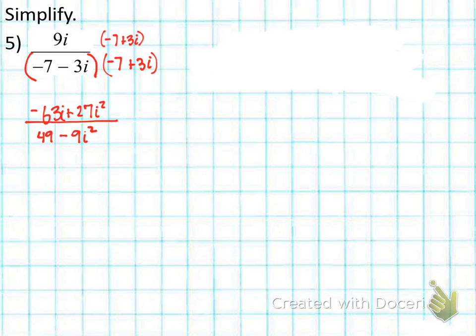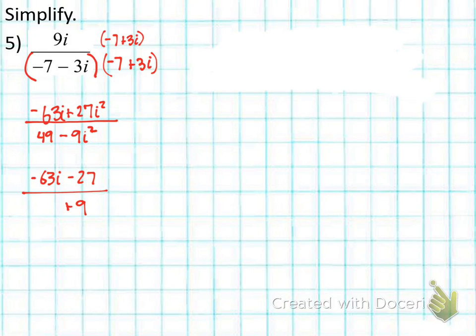First thing I do, I'm just going to work in little chunks. So in the numerator, I know I could deal with this i squared. This i squared becomes negative, so positive 27 times negative 1 is going to be negative 27. Numerator still going to have negative 63i. And in the back of my head, I know that's a multiple of 9. The denominator has i squared also, so negative 9 times negative 1 is going to be positive 9.